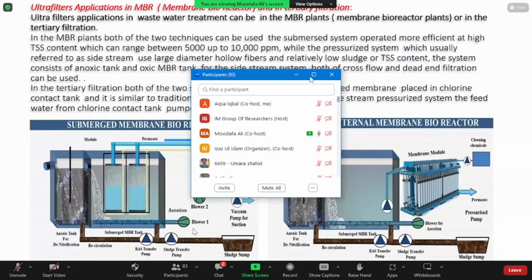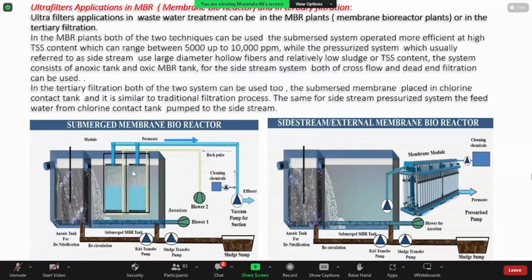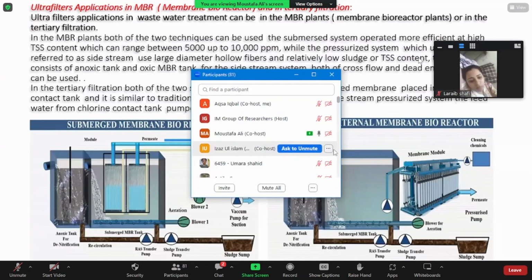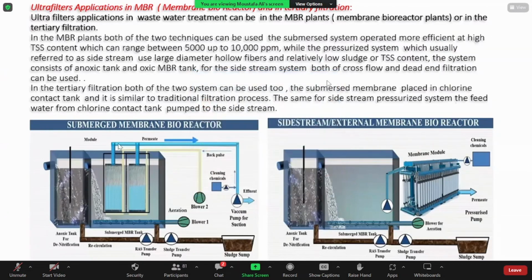Okay. This is the case of submerged membranes, which we can see here. The submerged membrane can be ceramic or polymeric, flat sheet or hollow fiber, placed in the MBR tank, as we see, and we have the suction pump, like the standard system which we explained in the previous session.